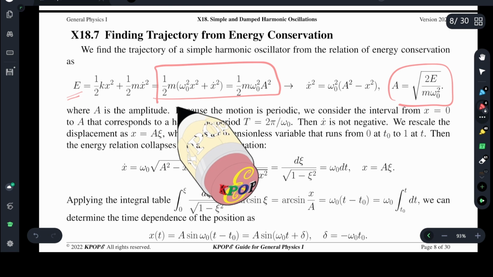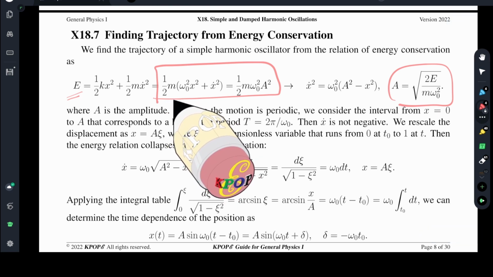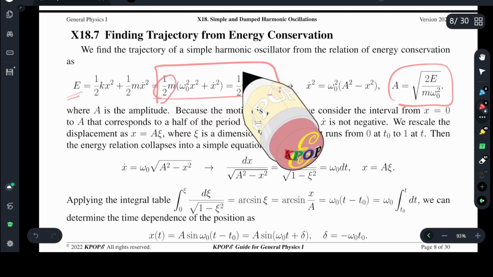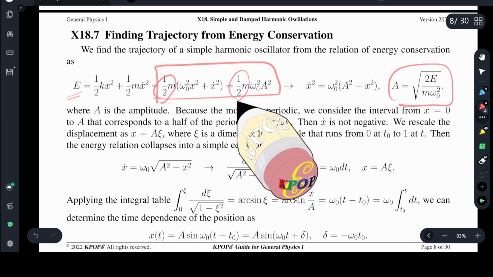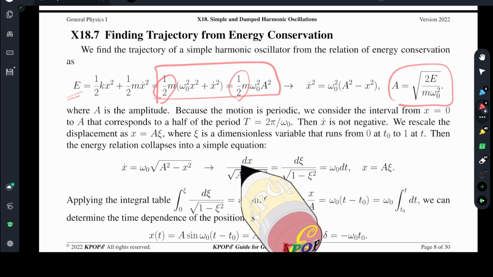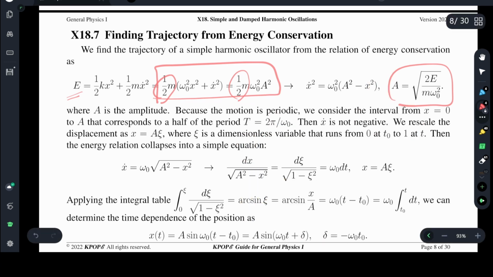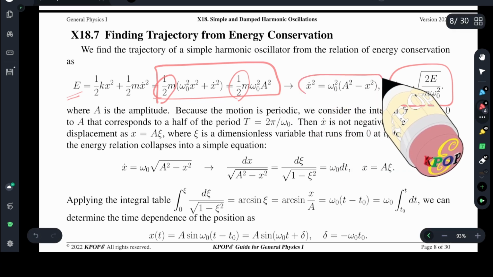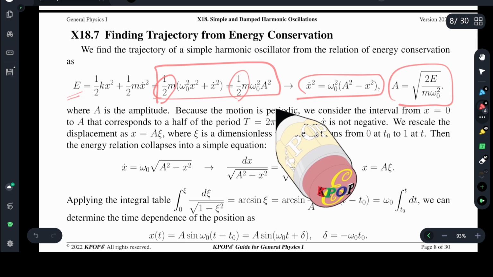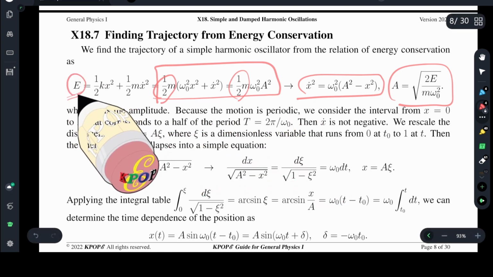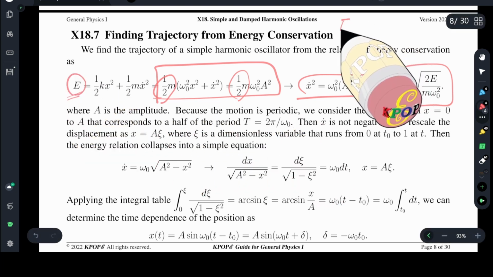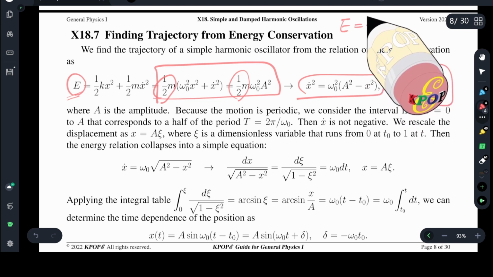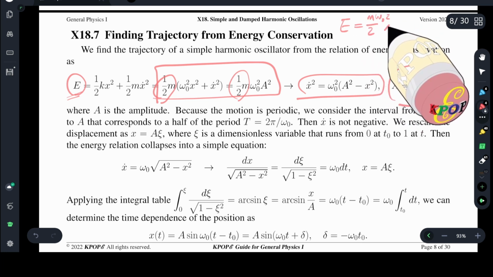We multiply, we divide by this one, to find this relation. And we have the total mechanical energy E here. E equals 1/2 m omega 0 squared A squared.